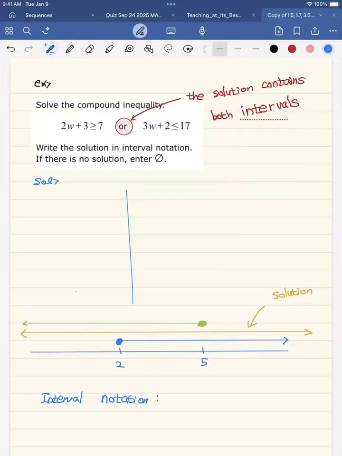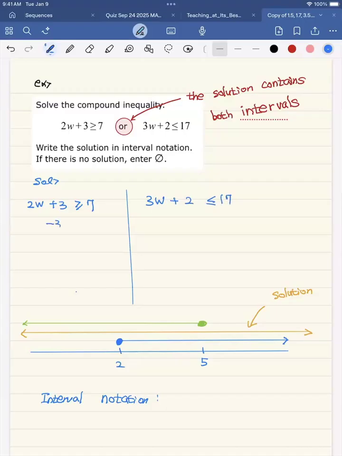In the next problem, we have to solve a compound inequality. The two inequalities are 2w plus 3 is greater than or equal to 7. This time it's or 3w plus 2 is less than or equal to 17.